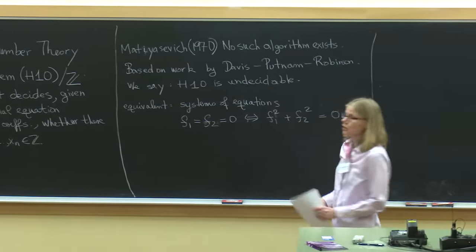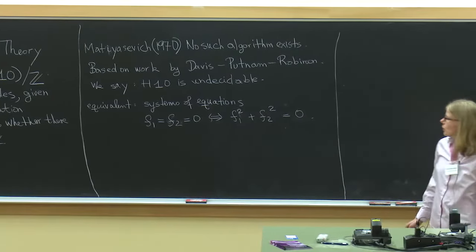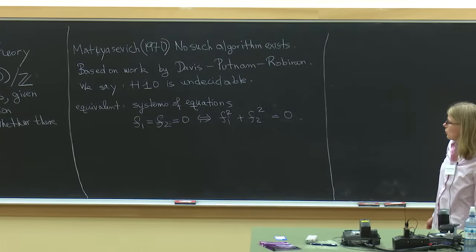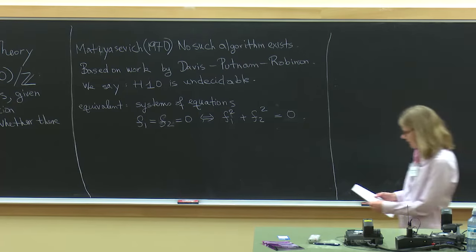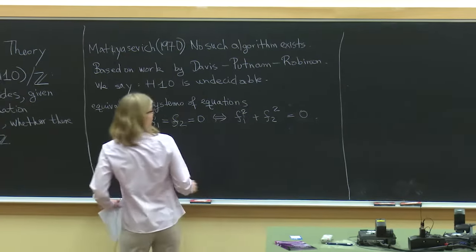I'd mentioned that the undecidability proof worked by showing that 2 types of sets are the same. So let me make this definition here.